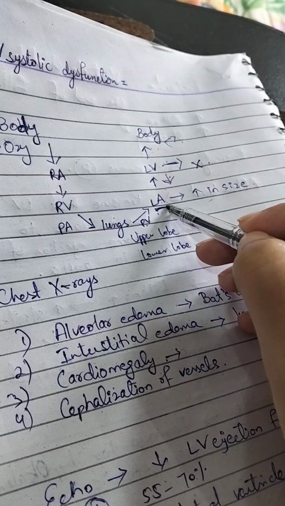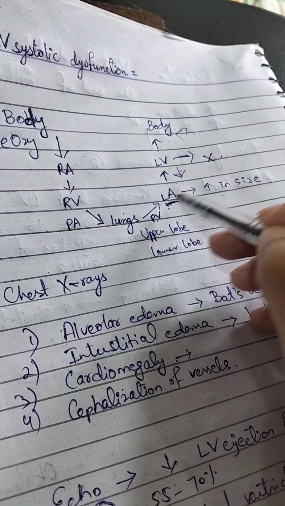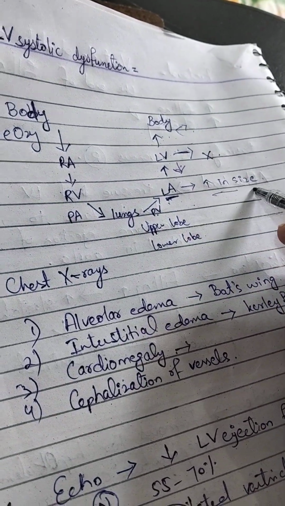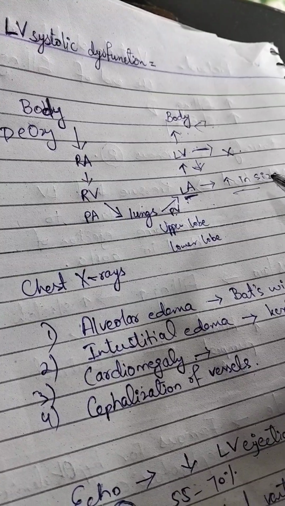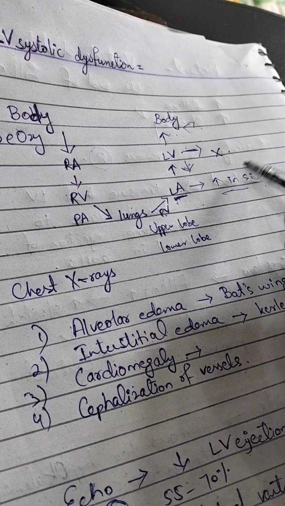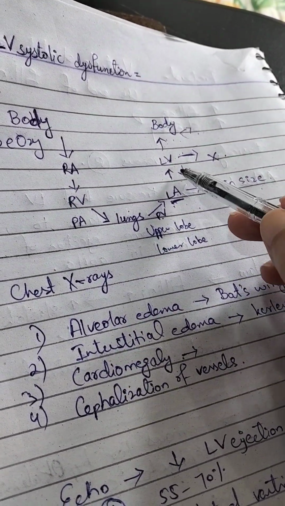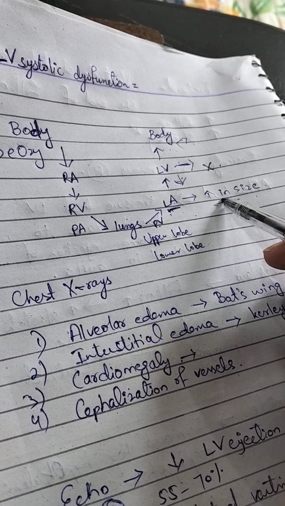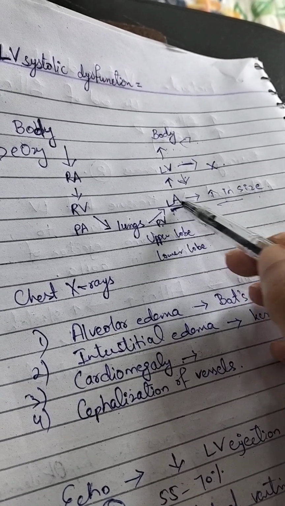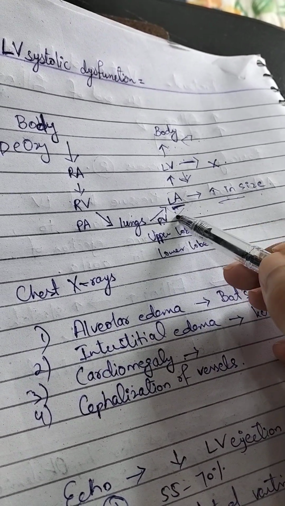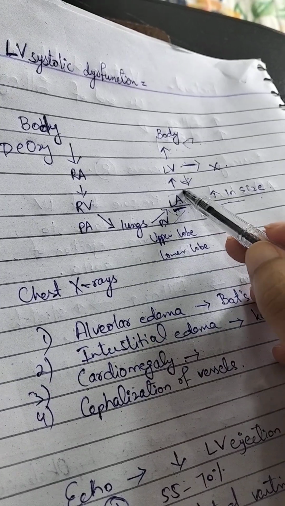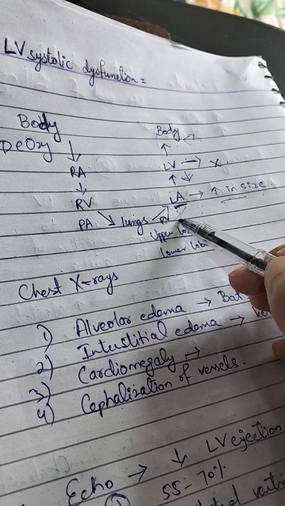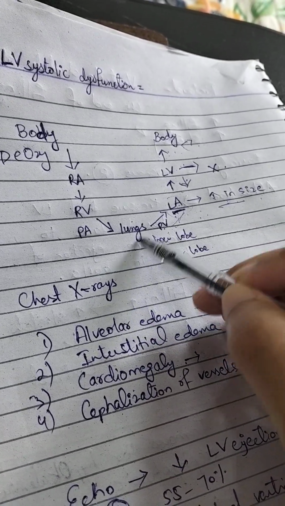That is the left atrium, which increases in size. So if we ask what the symptoms of left ventricular dysfunction are, there is left atrial enlargement, and blood also starts backing up from the left atrium to the pulmonary veins and to the lungs.